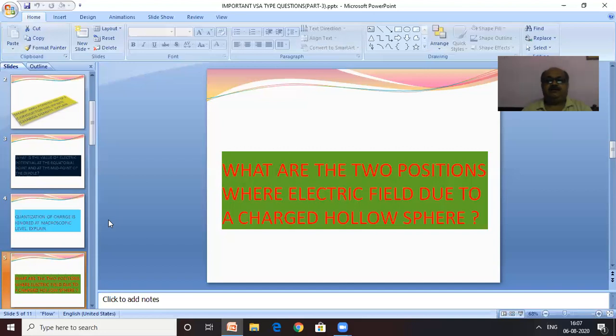And second, at infinity, where electric field is 0. According to the formula, E equals KQ by R squared. When R tends to infinity, E equals 0. So the 2 points are inside point and at infinity.